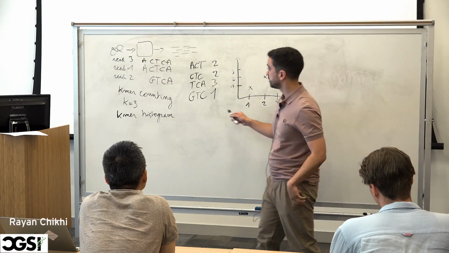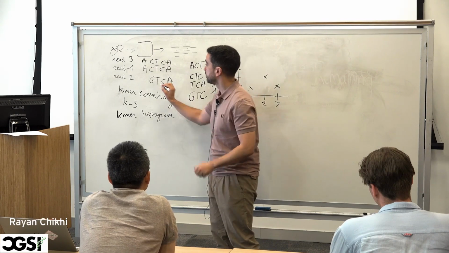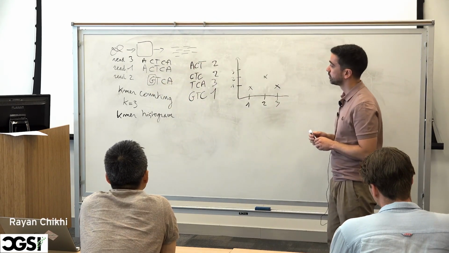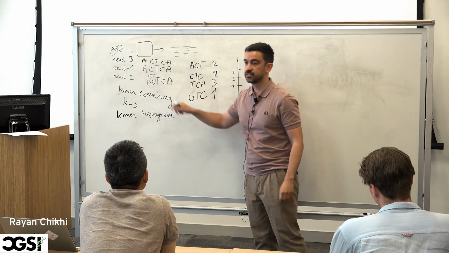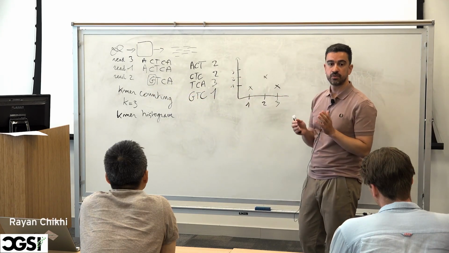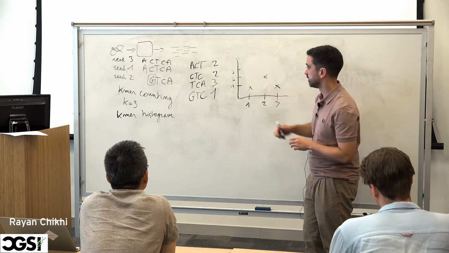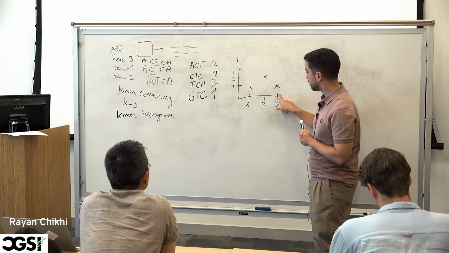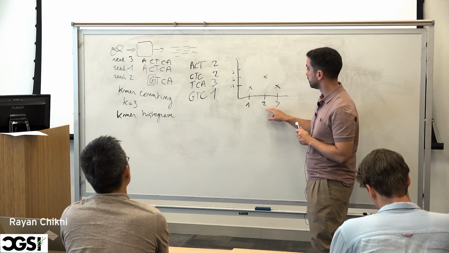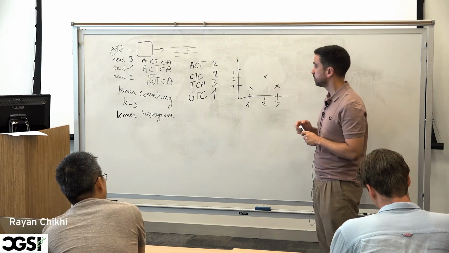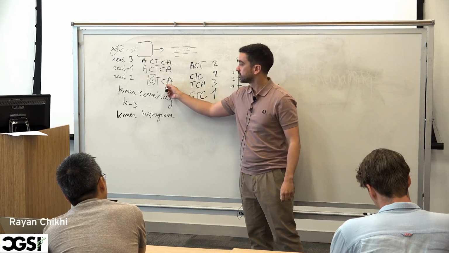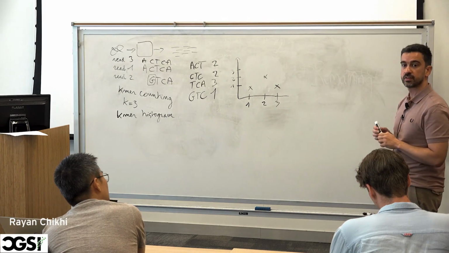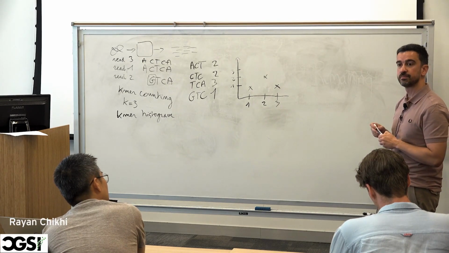The biological interpretation is that it could be a sequencing error of this particular base, which leads to the creation of one K-mer, GTC, that is only going to be seen once. And it's going to stay here. Everything else is going to shift to the right.